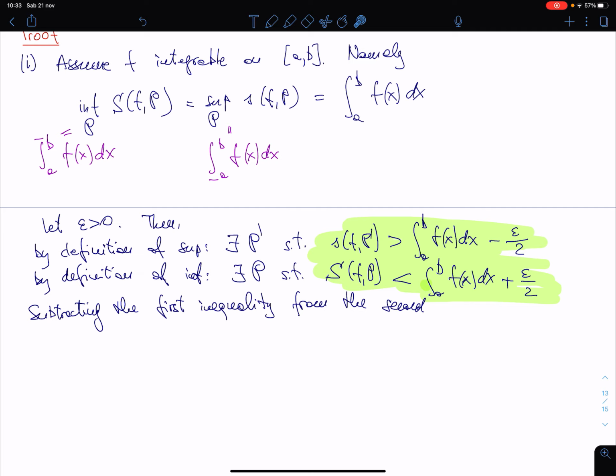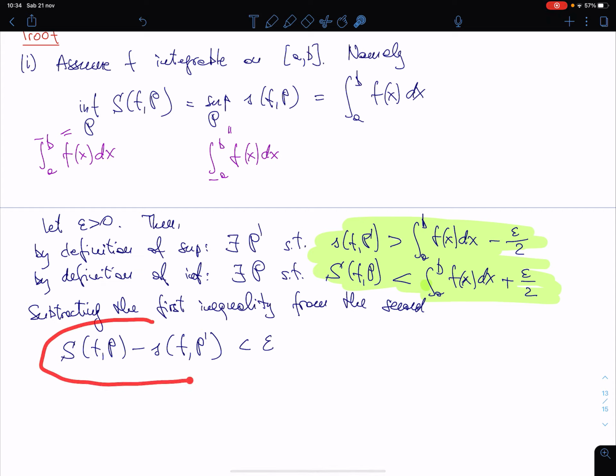But I reverse them, adding a minus sign here, and then I can sum. So I end up with upper sum of f, P minus lower sum of f, P prime. The two integrals cancel each other, so this is less than epsilon. So I proved that if f is integrable, then there exist two partitions such that this happens. Let me call this relationship asterisk.